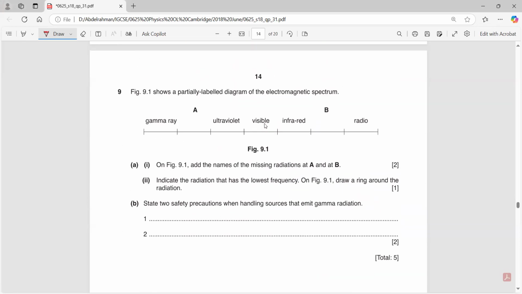On figure 9.1, add the names of the missing radiations. What are the missing radiations in this case? It's quite easy. Gamma rays look great. So radio, and then B would be microwave.